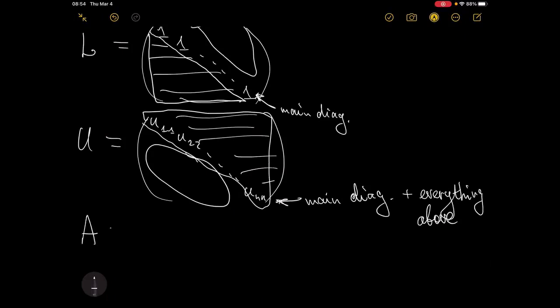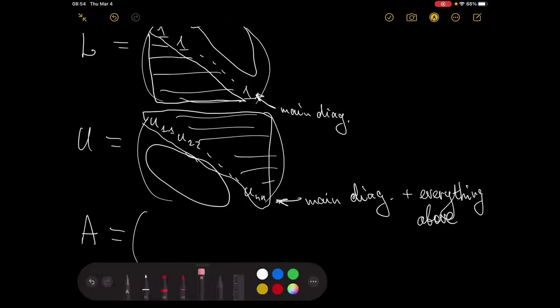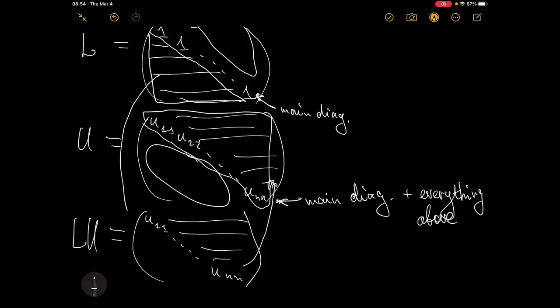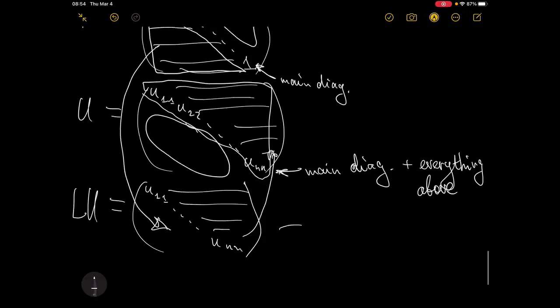So the product of the L and U matrices, you can store as Unn and the upper elements, just this, and this thing you can store here. So n by n elements for storage.